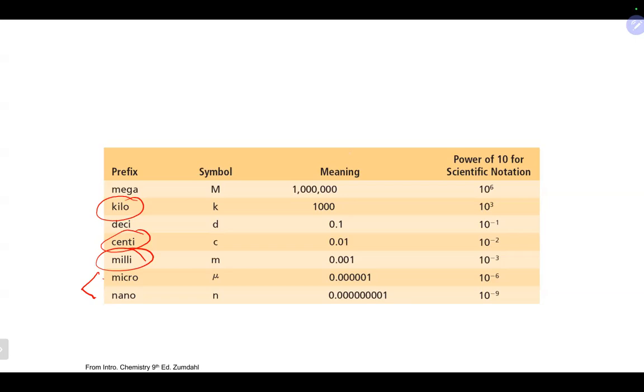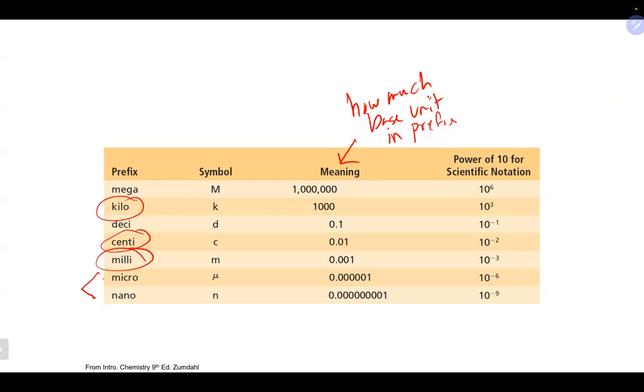So these are the meanings, and this is how much of the base unit is in one prefix unit. The base unit, for example, here would be meters, and kilometers would be the prefix unit.